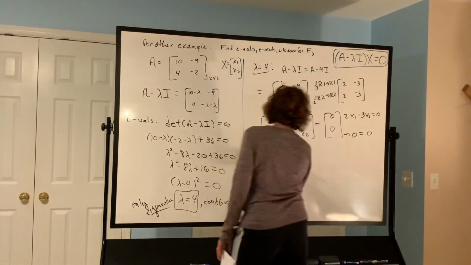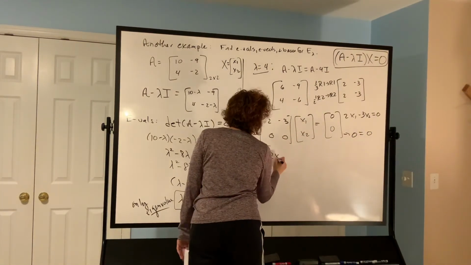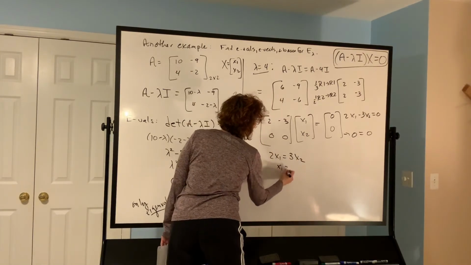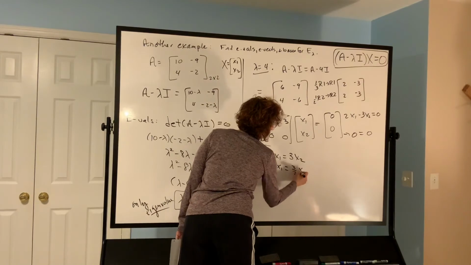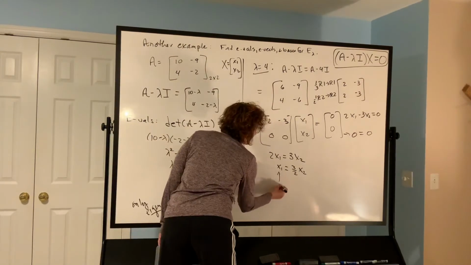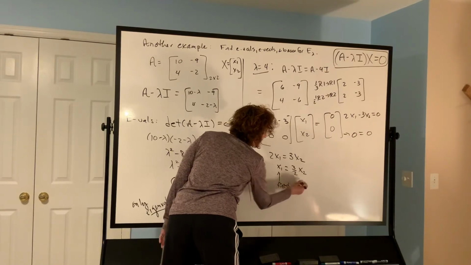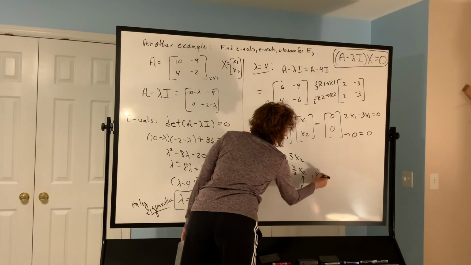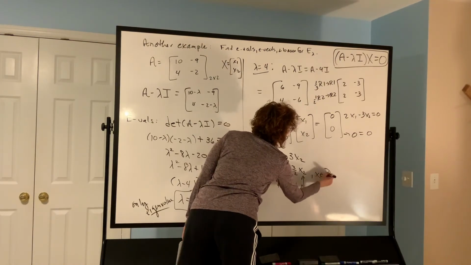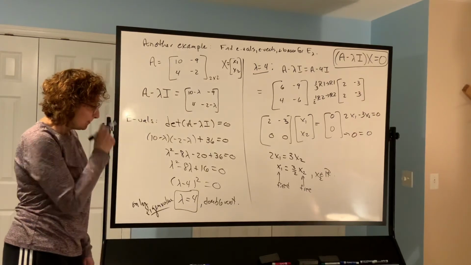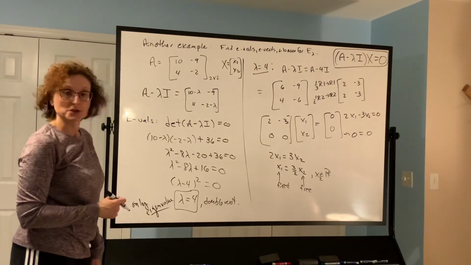Okay, so what do I do? I solve for 2x1 equals 3x2, or x1 is 3 halves x2. So here, x1 is my fixed variable, x2 is my free variable, and x2 is allowed to be any real number. There's no equation that puts a restriction on x2.